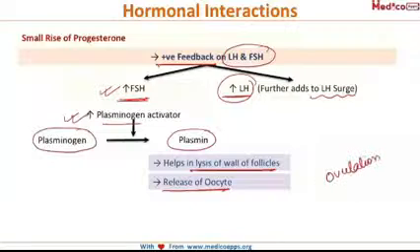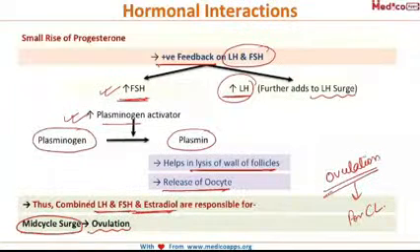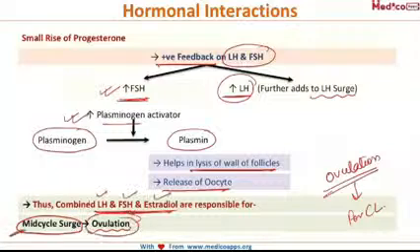So this completes the ovulation. So you see here that the combined LH, FSH and estradiol are responsible for ovulation. So a mid-cycle surge of all these three hormones occurs, subsequently leading to ovulation. So this completes ovulation, and now the next step is the formation of the corpus luteum.